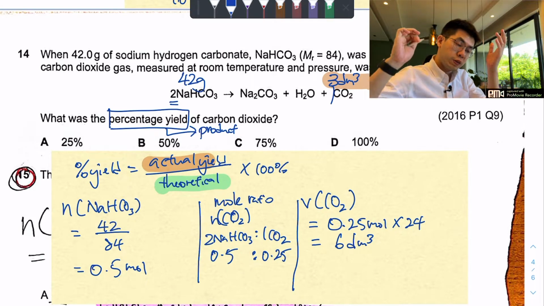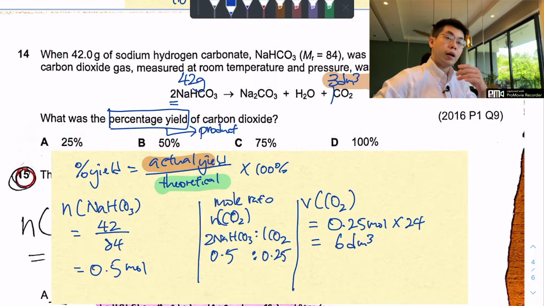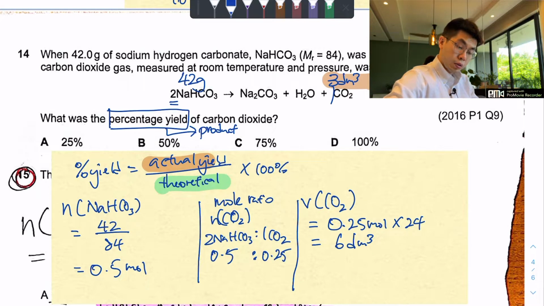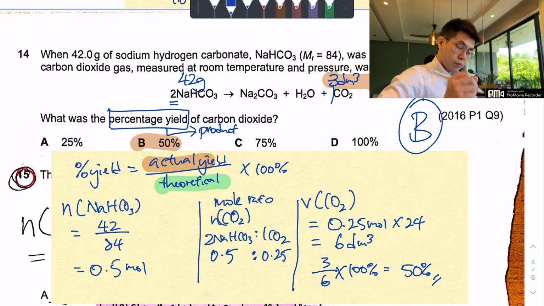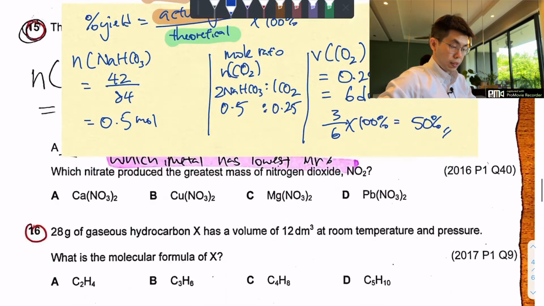So I'm supposed to produce 6 dm cube of carbon dioxide, but I only produced 3 dm cube. So it will be 3 divided by 6 times 100, which is 50%. Simple enough, right? B.